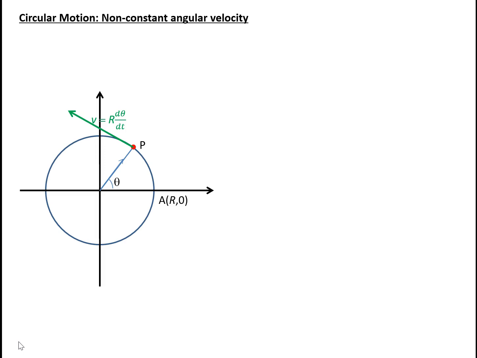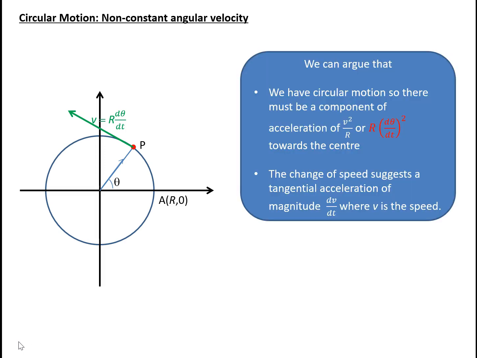Now, if we want to find the acceleration in this case, there is a heuristic argument that we can put together, which goes along the following lines. We've got circular motion, so there must be a component of the acceleration of size v squared over r towards the centre.